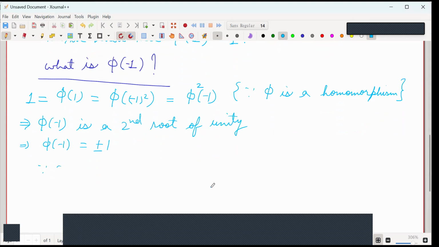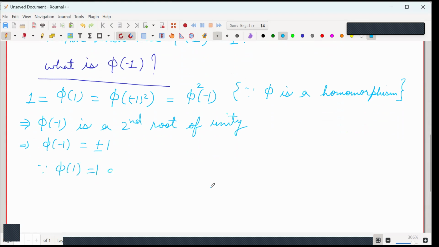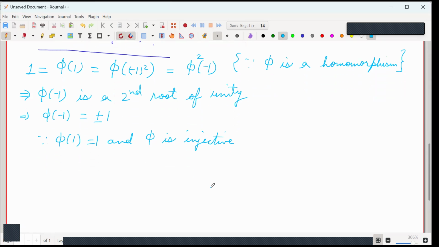Now, since phi of 1 is 1 and phi is injective, we are assuming it's an isomorphism, so definitely it's injective. So two things cannot map to the same number, right? So if phi of 1 is mapping to 1, phi of minus 1 cannot be equal to 1, otherwise these two will map to the same number.